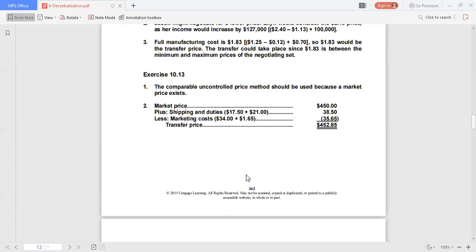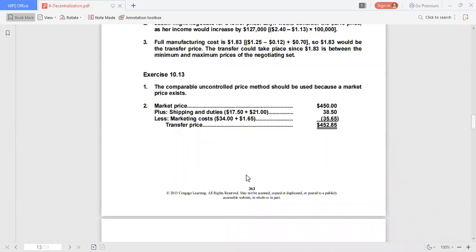Dining room sets are sold externally in the US for $450 each. It costs $17.50 per dining room set for shipping and $21 for import duties.